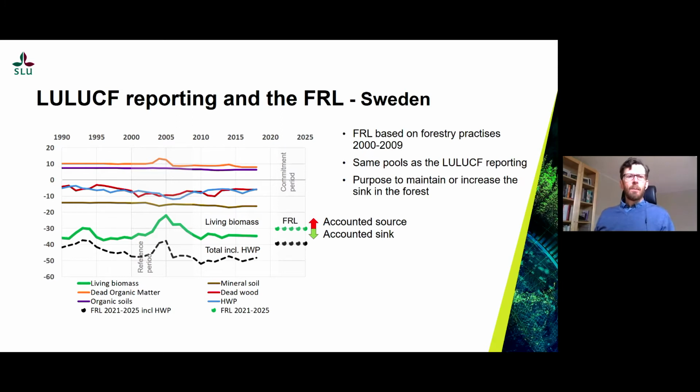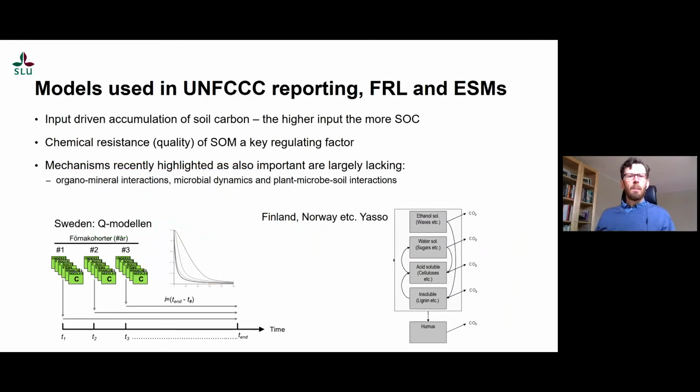All right, so modeling is the key part of the reporting, and it's in that way a very important and formal part in policy. And the models being used are the established models, and in general these models are input driven.